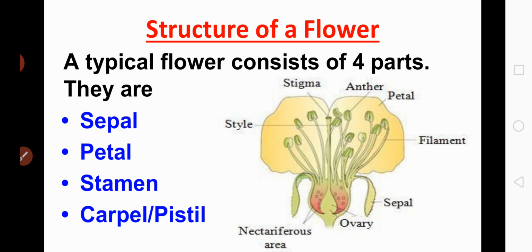Of these, the sepal and the petal are referred to as non-essential or accessory organs because they are not involved in reproduction, whereas the stamen and the carpel are referred to as essential or reproductive organs, because these two structures are directly involved in the process of reproduction. Is that clear?